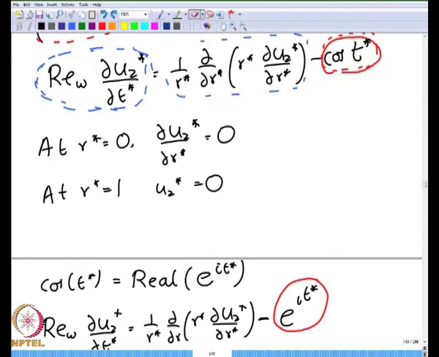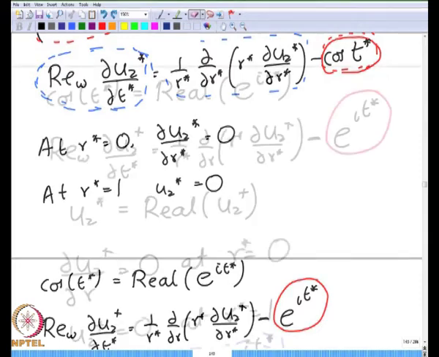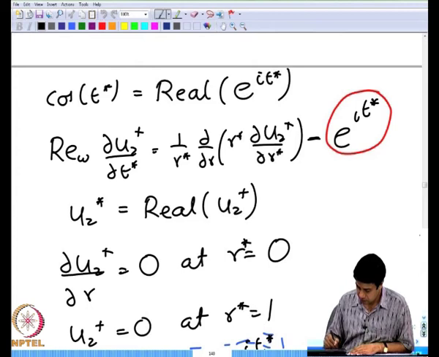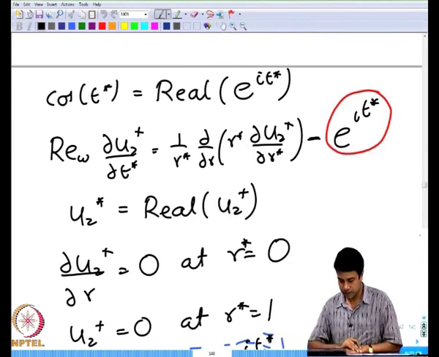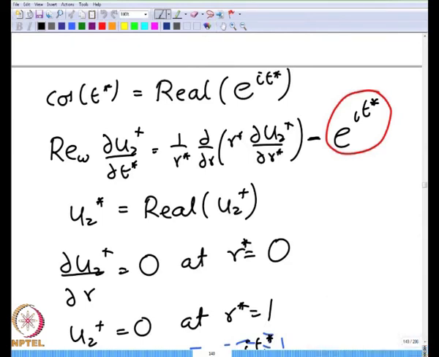Therefore, if I solve the equation for this complex velocity, then the velocity u_z that I get will just be equal to the real part of this complex velocity u_z plus. Since the forcing term in my equation for u_z star is the real part of the forcing term in my equation for u_z plus, the solution u_z star will also be the real part of u_z plus. This is always possible when we are working with complex variables.